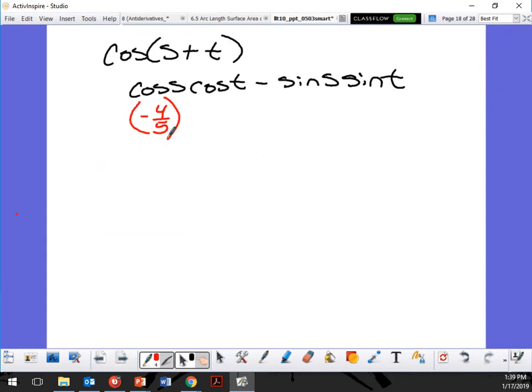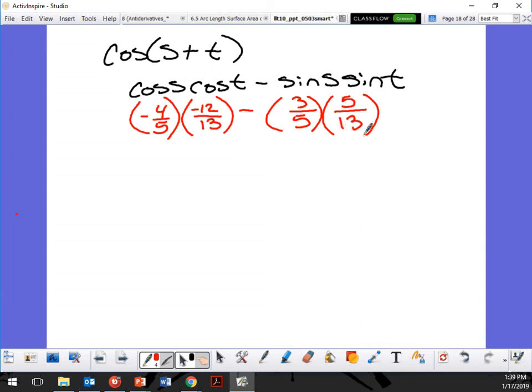What is cosine of t? Negative 12 over 13. Very good. Minus. What is sine of s? Positive 3 over 5. What is sine of t? 5 over 13.